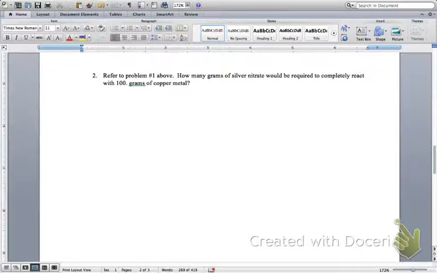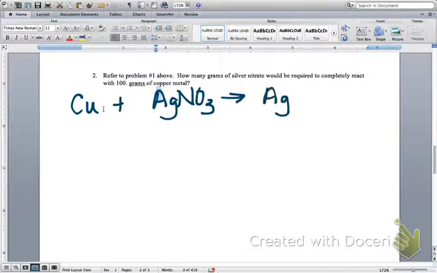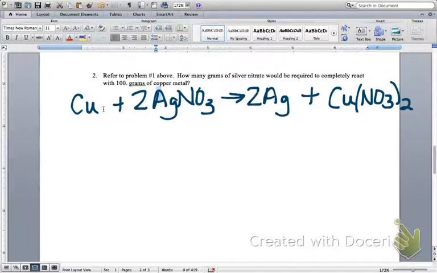That balanced chemical equation was copper reacts with silver nitrate to produce silver and copper 2 nitrate. Okay, and when we balanced it, we had a 2 here and a 2 here. Does that look like the chemical equation that we had earlier?